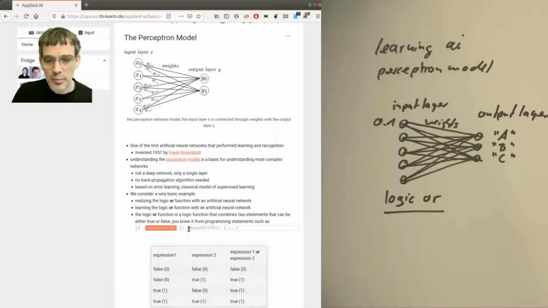And we combine this expression with checking the mouse Y position in the Y direction, whether it is larger than 100, and these two expressions are combined into an OR statement. So if one of them is true, or if both of them are true, the program will execute the following statements.